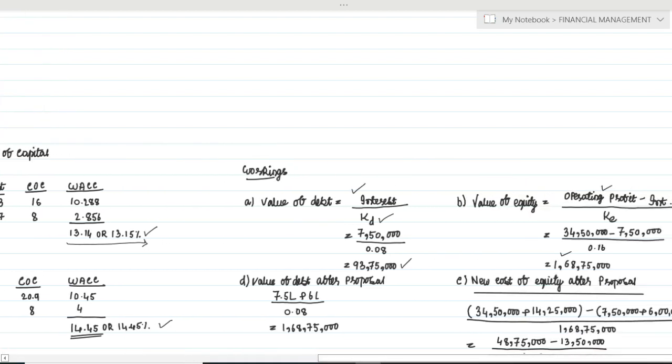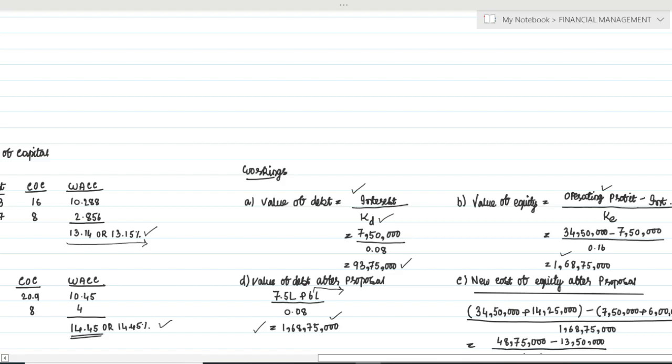In this case, what we first need to take into account is value of debt. After the new proposal we will take 6 lakh as debt, and it will give you the value of debt as 1 crore 68 lakh 75,000.